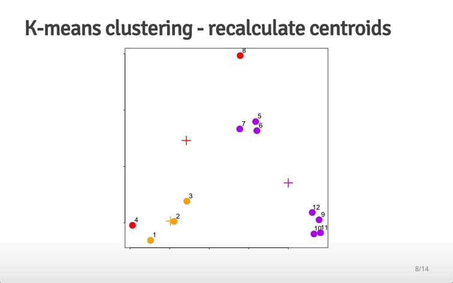Once I've done that, I can recalculate the distance from each point to each of the centroids and reassign points to the appropriate centroids. So now all of these orange points correspond to this centroid, these 2 red points correspond to the red centroid, and these purple points correspond to the purple centroid.